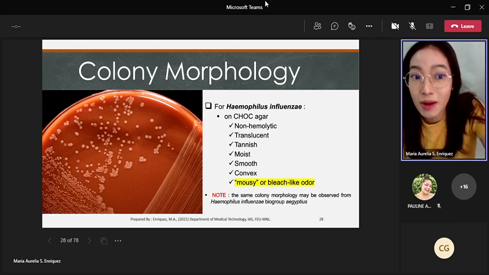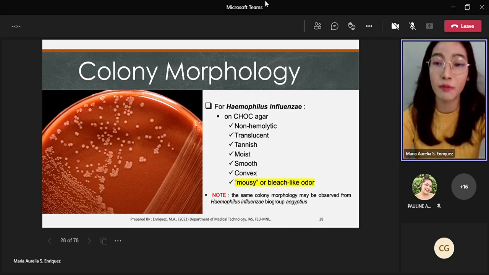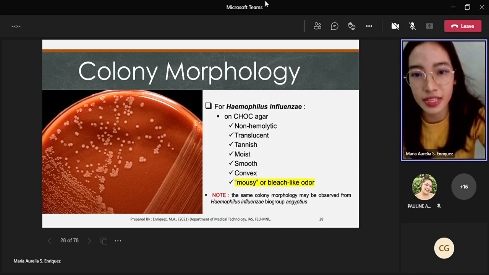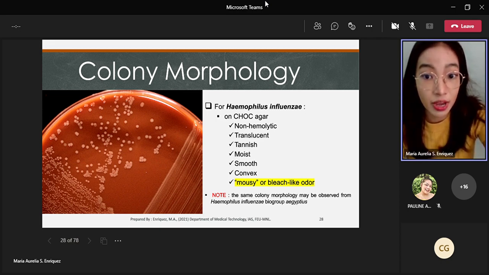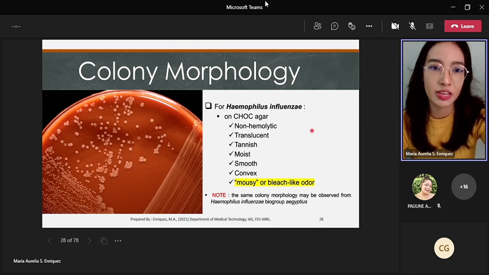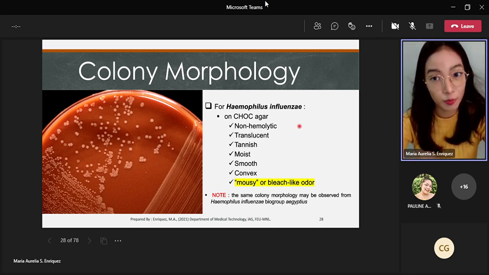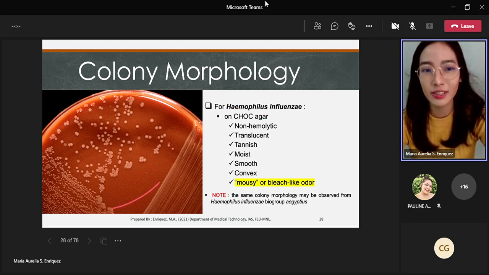Ayan po. Dapat maisip na natin agad na most likely Haemophilus influenzae po yung isolate. Alright, and then its biogroup aegyptius may also appear similarly. So di ba po, yung nabanggit natin kanina, yung Haemophilus influenzae biogroup aegyptius, ganun din po, ganito rin yung itsura niya.